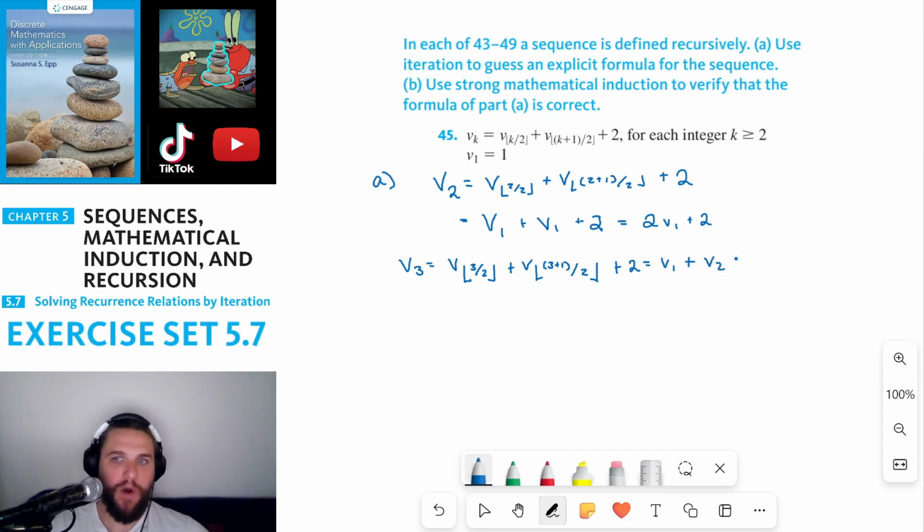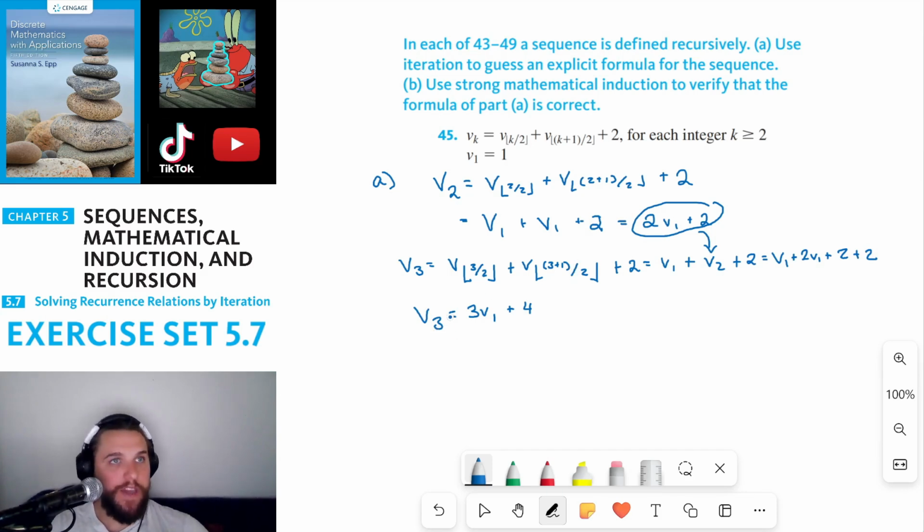So this is v sub 1 plus v sub 2 plus 2. Now I'm going to replace v sub 2 with 2v sub 1 plus 2. So this is v sub 1 plus 2v sub 1 plus 2 plus 2. This simplifies to v sub 3 equals 3v sub 1 plus 4.